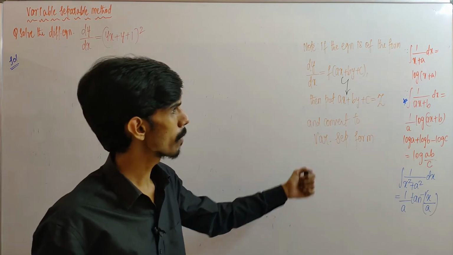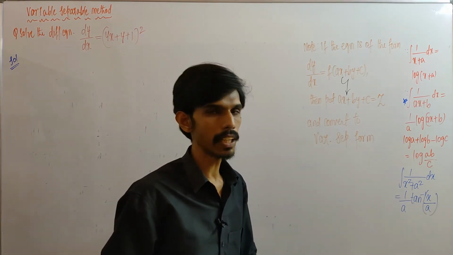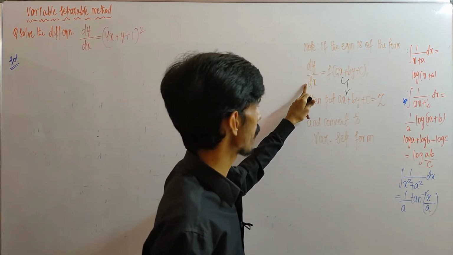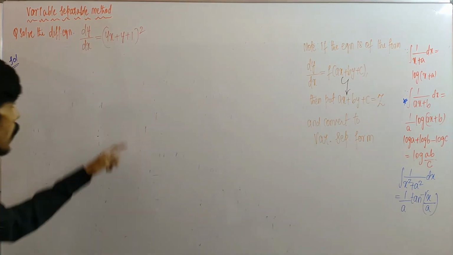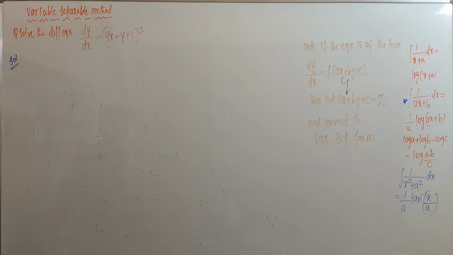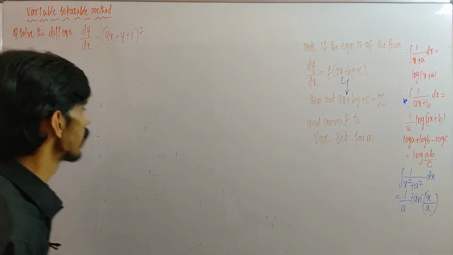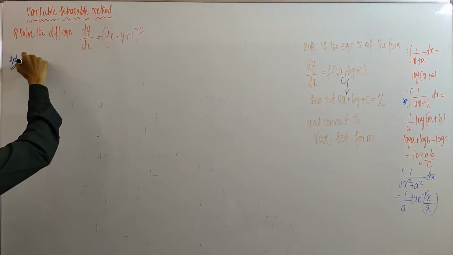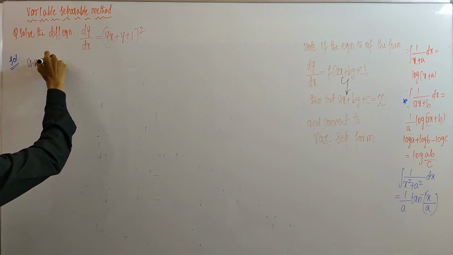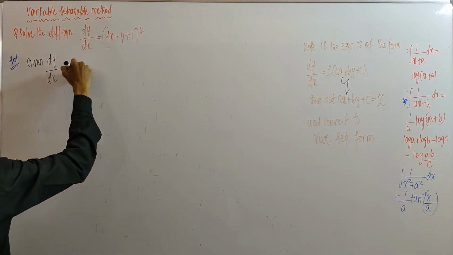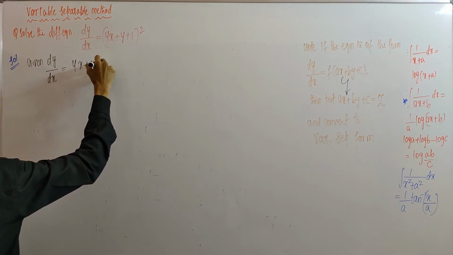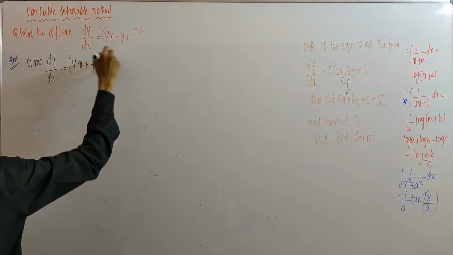So this is the procedure whenever the differential equation is in the form of dy by dx equal to f of ax plus by plus c. So here also the given differential equation is of this form. Given dy by dx is equal to 4x plus y plus 1 whole square.